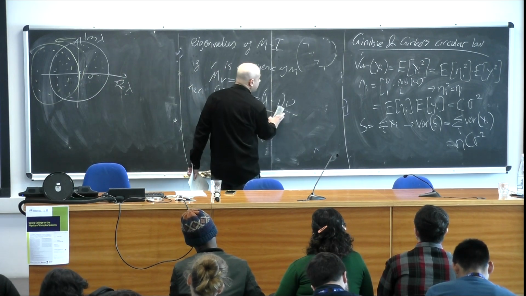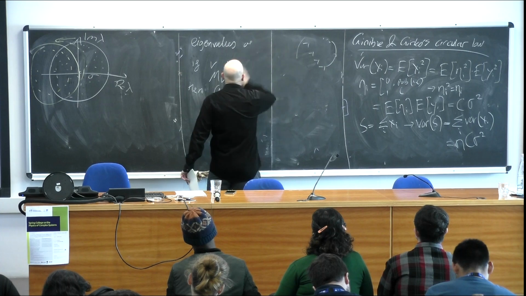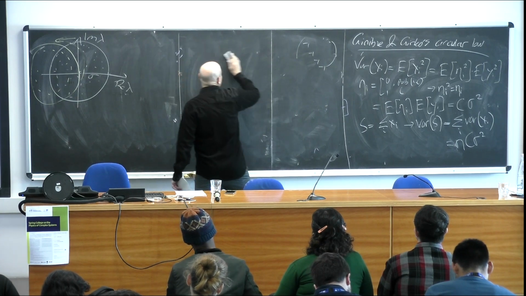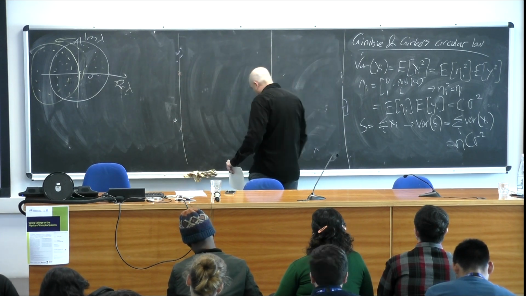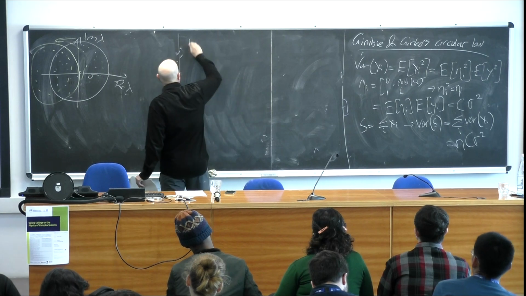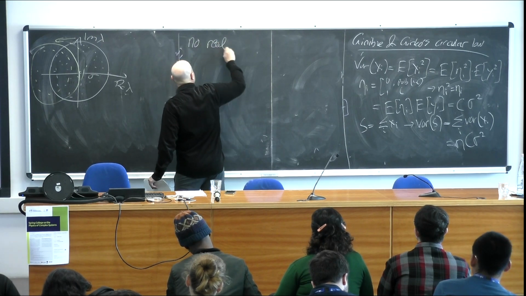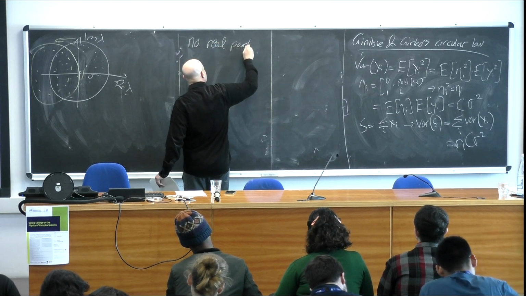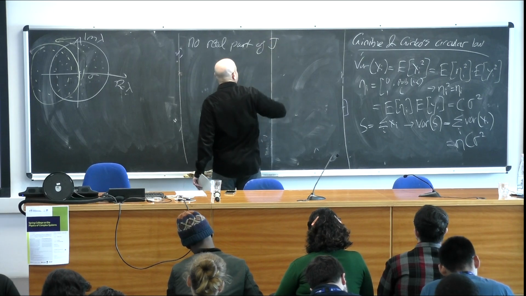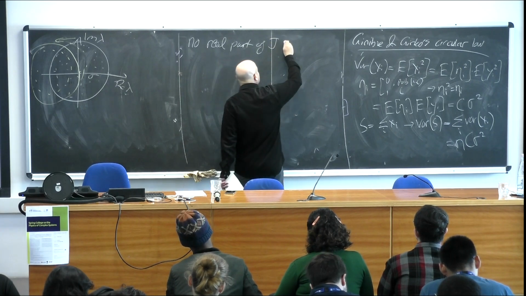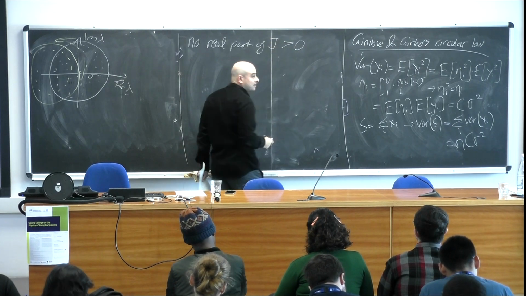And what is the seminal result? We want that no real part of the eigenvalues of this matrix, no real part of the Jacobian, is greater than 0.